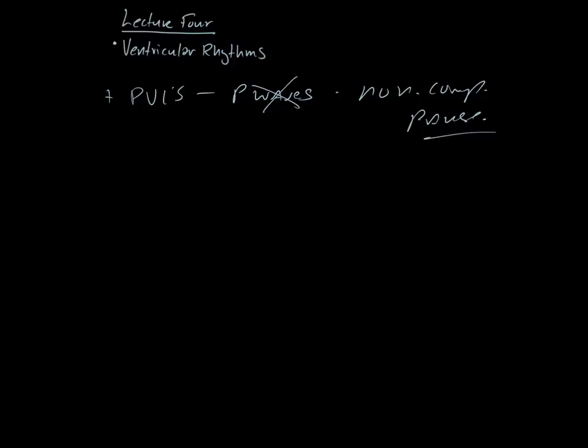The morphology of PVCs tends to be wide and bizarre. And you can have different flavors of PVCs, right? You can have unifocal, and you can have multifocal, right? You guys okay with that? To tell unifocal from multifocal, you have to have more than one PVC, right? Because you need to be able to compare them, okay?